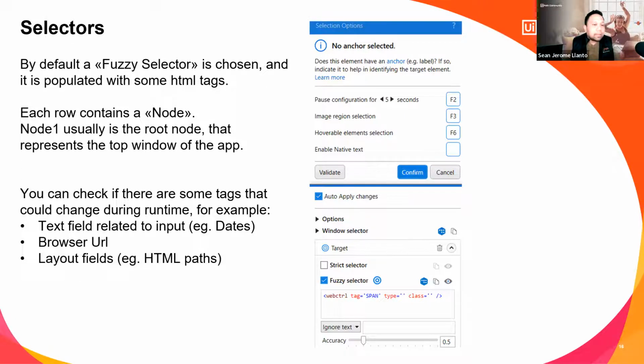By default, when you're using the modern design experience, you're able to generate a fuzzy selector, which is a smarter way of identifying the elements. Besides that, you have selectors through image recognition or through native text.